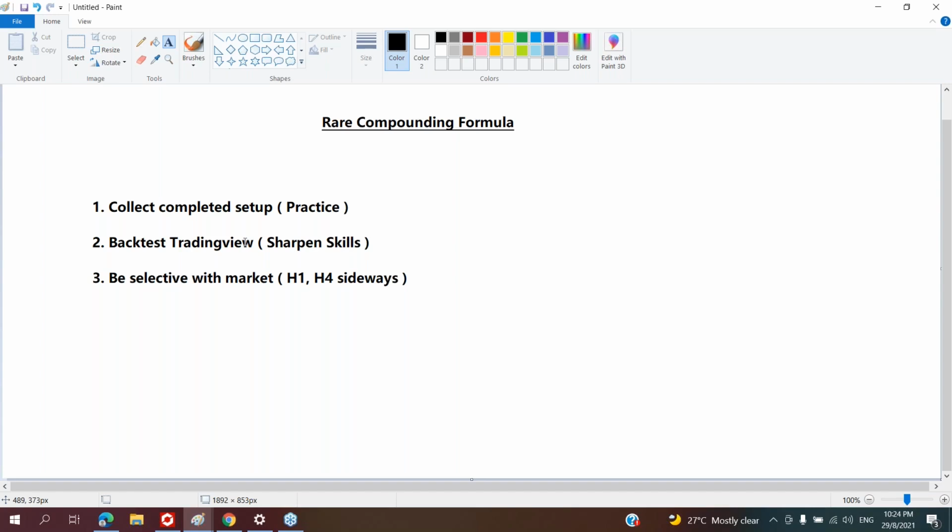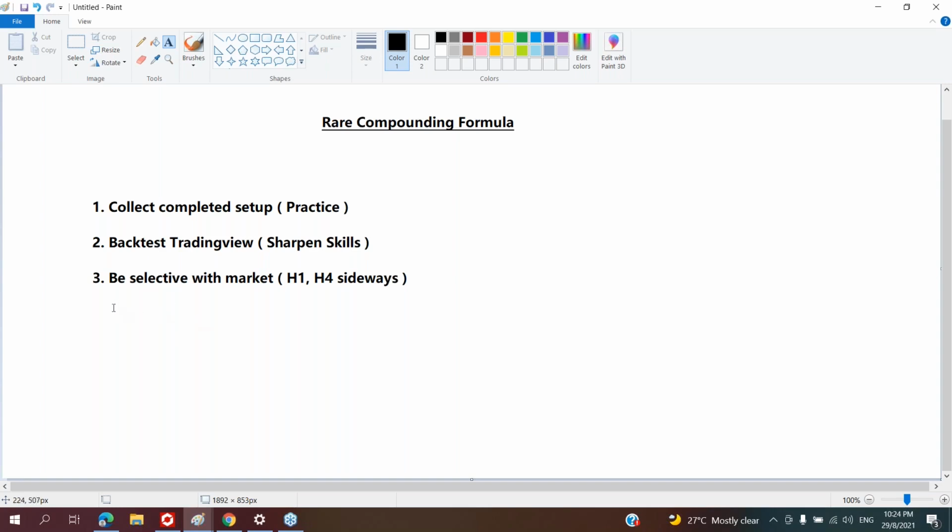That is the most important, because we have to find confirmation. That's why I suggest TradingView. Maybe there's other software, I don't really know, but I prefer TradingView. It's up to you.